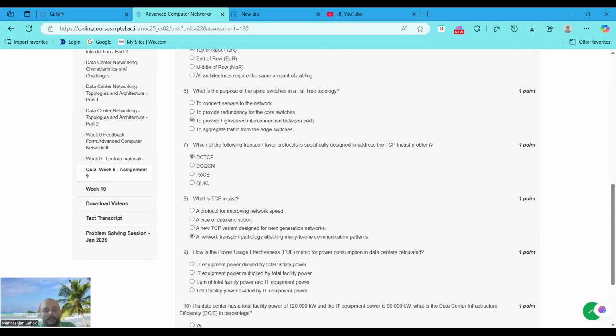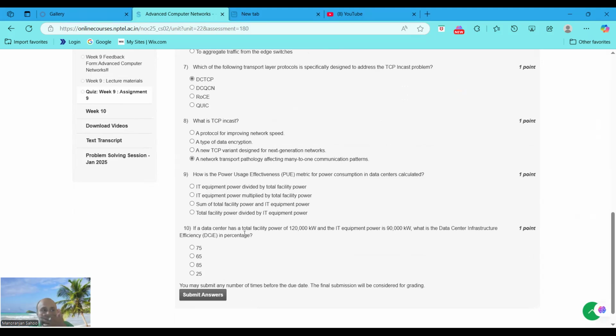Option D. TCP incast is a pathology in data centers where many-to-one communication, that is multiple servers sending data to one receiver, causes buffer overflow, leading to packet loss and throughput collapse. Here A, B and C are incorrect because incast is a problem, not a protocol or encryption. So the correct option is D.